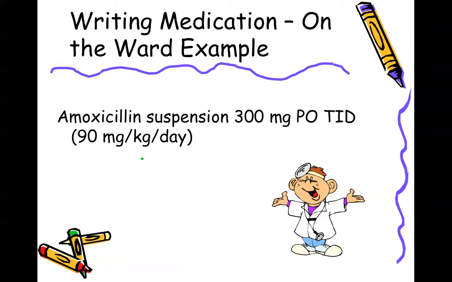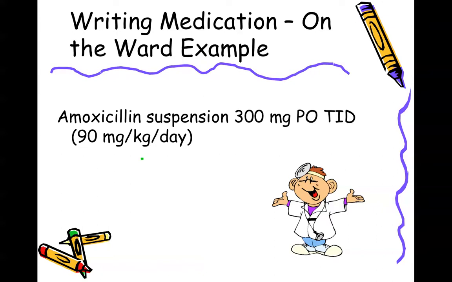Now, you might ask, if you got a different number than 300, why this is a correct answer. If you got something a little bit lower than that. The way that I figured this was, if you have a 10 kilogram patient and you dose the medication at 90 milligrams per kilogram per day, that's a total daily dose, then the total daily dose would be 900 milligrams.